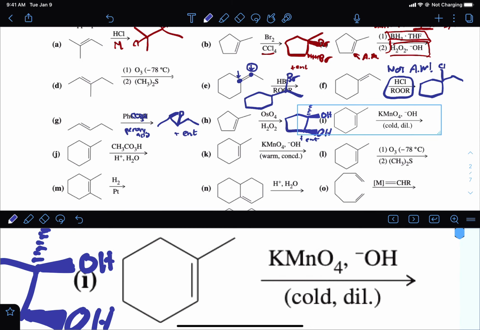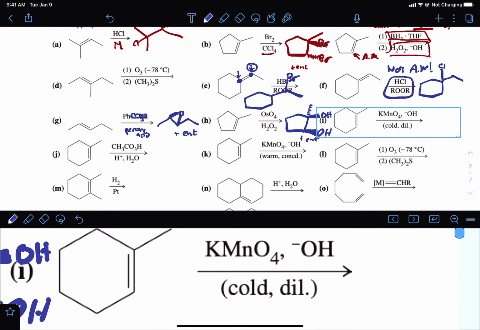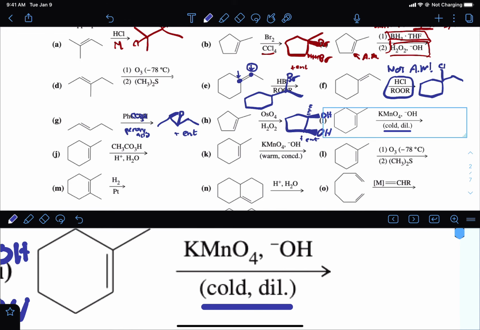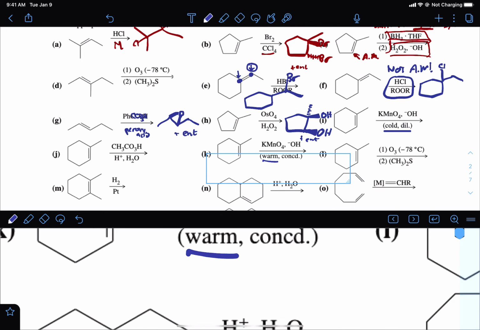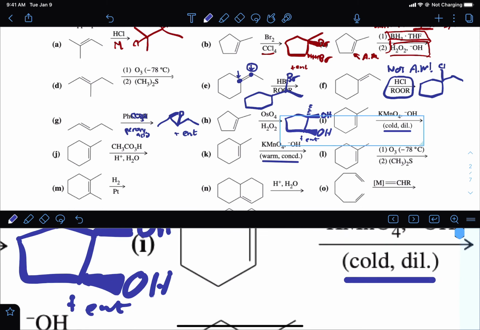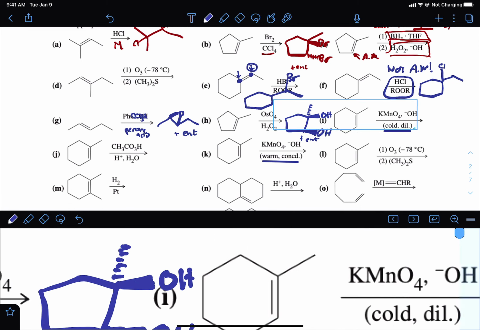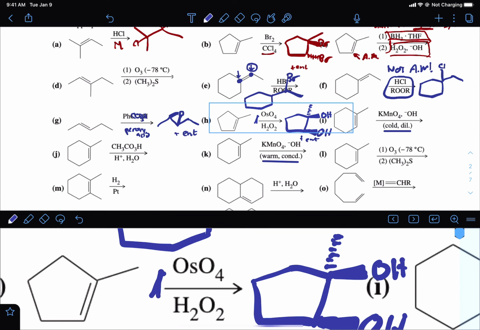KMnO4, cold. So this is kind of interesting. KMnO4 will do a lot of different things depending on the conditions. So for example, here's KMnO4 cold. Here's KMnO4 warm concentrated. They do different things. KMnO4 cold does the same thing as OsO4.